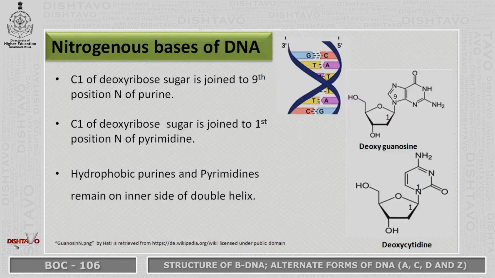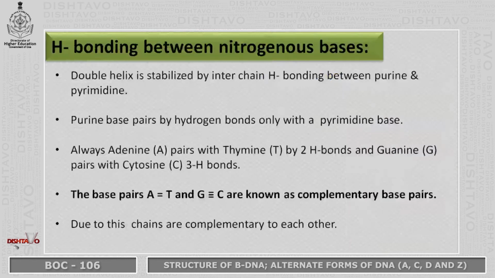Carbon 1 of deoxyribose sugar is joined to the 9th position of nitrogen of purine, which you can clearly see in the deoxyguanosine example, wherein carbon number 1 of the deoxyribose sugar and nitrogen of guanine are joined to each other. Carbon 1 of deoxyribose sugar is joined to the first position of nitrogen of pyrimidine, which you can clearly see in the structure of deoxycytidine. Hydrophobic purines and pyrimidines remain on the inner side of the double helix.